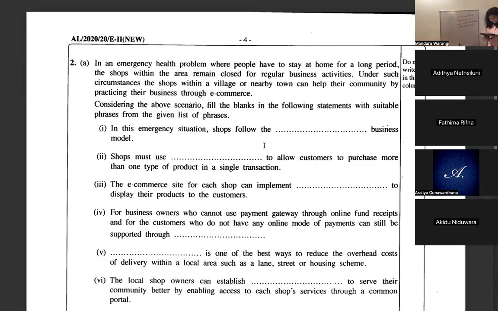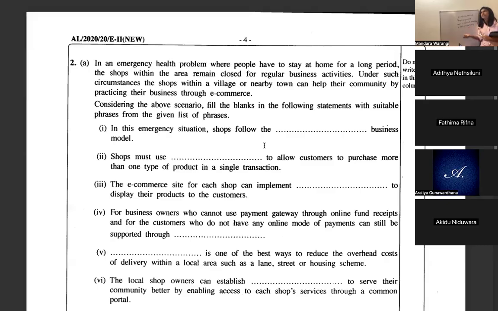Then the fifth one: blank is one of the best ways to reduce the overhead cost of delivery within local areas such as lanes, streets, or housing schemes. During the COVID time, all these pharmacies were purchasing masks. How were they purchasing? They were using group purchasing to reduce the cost. If suppliers were supplying separate pharmacies, it would cost a lot.